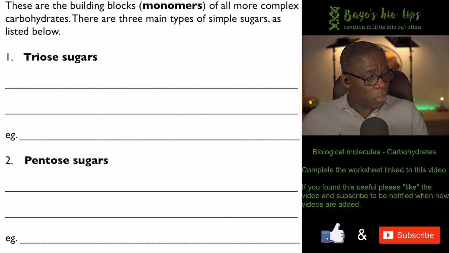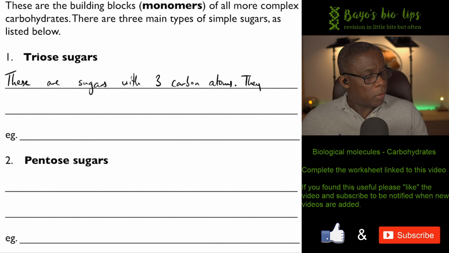So we'll start off with triose sugars. So these are sugars with 3 carbon atoms. They tend to be metabolic intermediates.